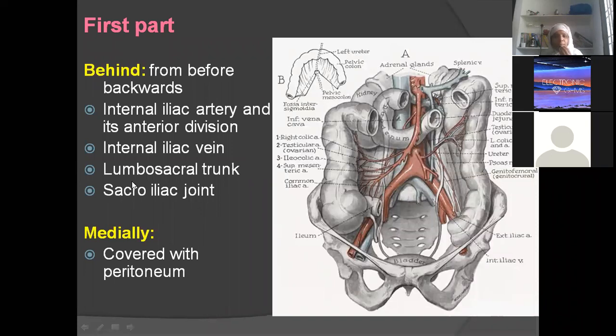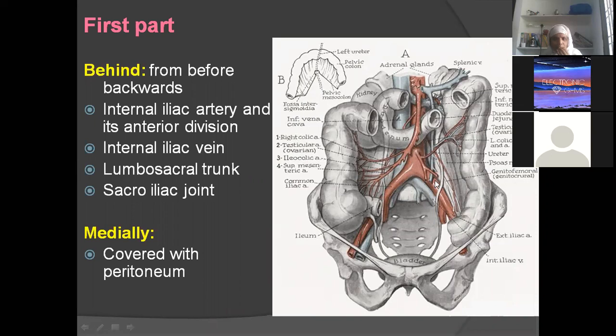Together you call it as lumbosacral trunk. This point is sacroiliac joint. Okay, these are the posterior relations of the first part. So many relations are there. That's why ureter comes as a question. Okay, slowly you try to understand. Posteriorly, that means if you lift the ureter, it is related to internal iliac artery and also vein, lumbosacral trunk and sacroiliac joint.